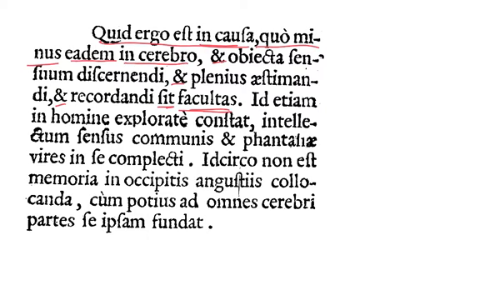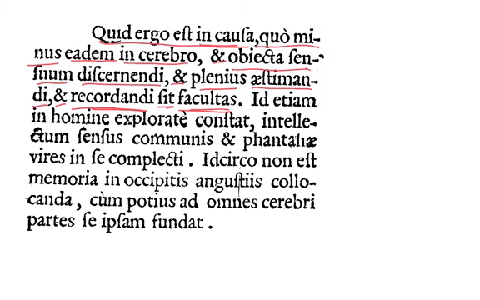There should be the same ability of these three things, both of discerning, discernendi, the objecta sensuum, the objects of the senses, and of evaluating them, et plenius aestimandi, and of evaluating them quite closely or carefully, and also of remembering them, recordandi.